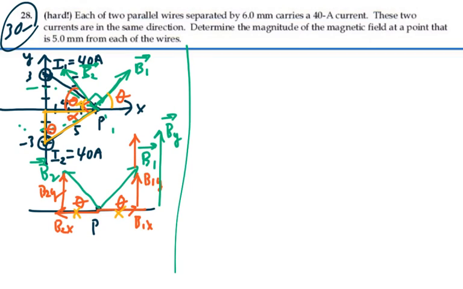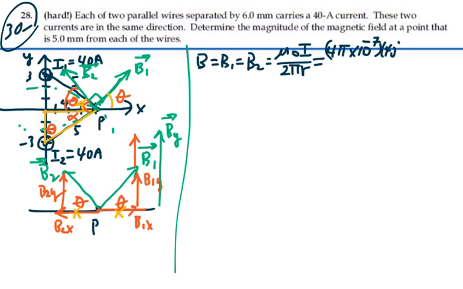The magnitude of these two magnetic fields are the same. So that's going to be B1 equal to B2, which is mu naught I over 2 pi r for an infinitely long wire, which is mu naught, 4 pi times 10 to the minus 7, times the current, 40 amps, over 2 pi times 5 millimeters, 5 times 10 to the minus 3.